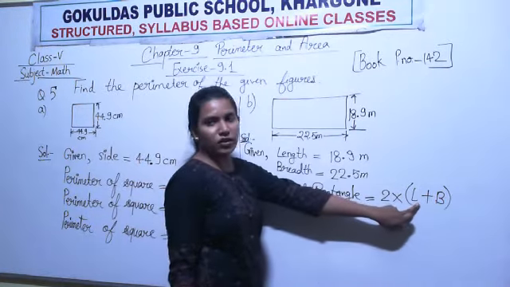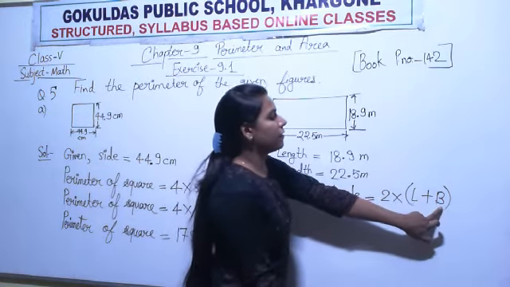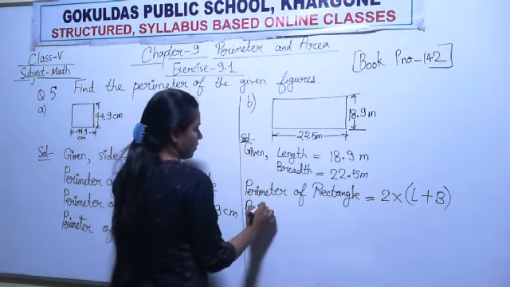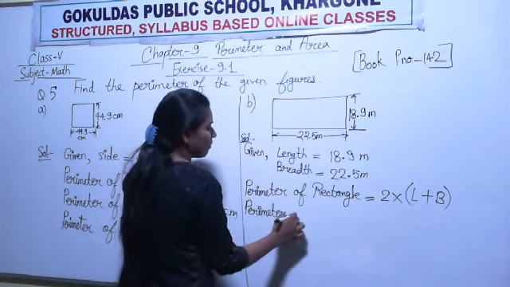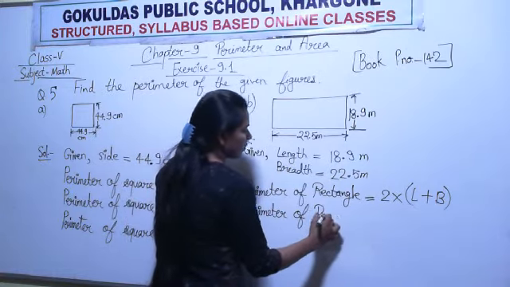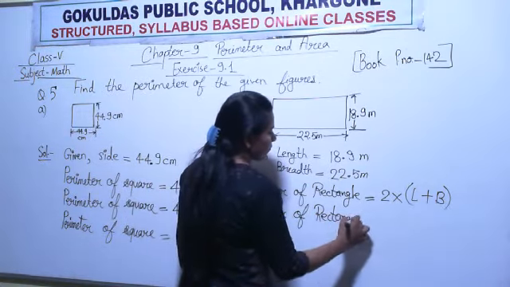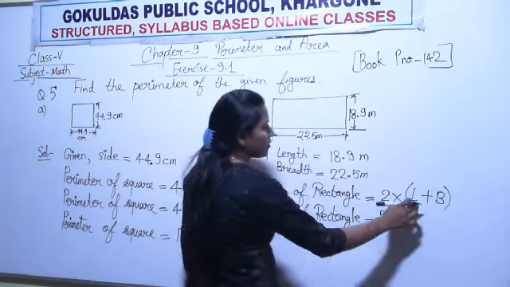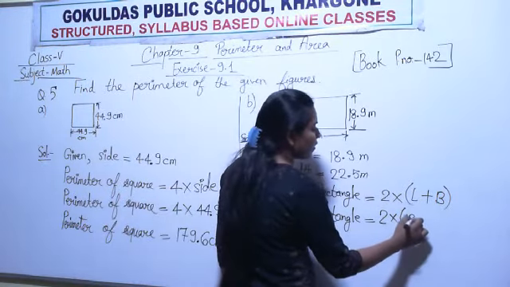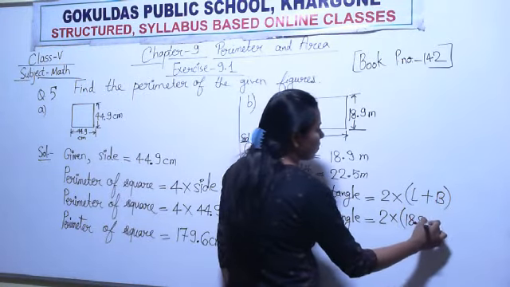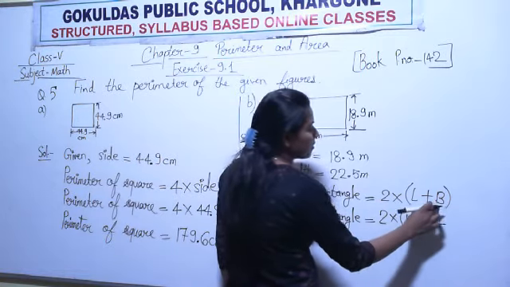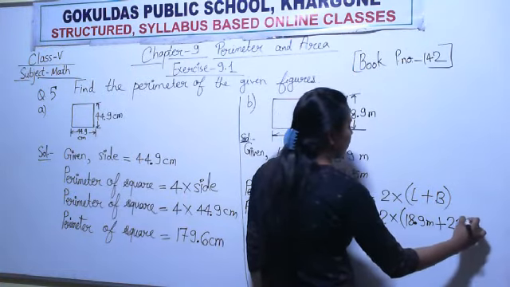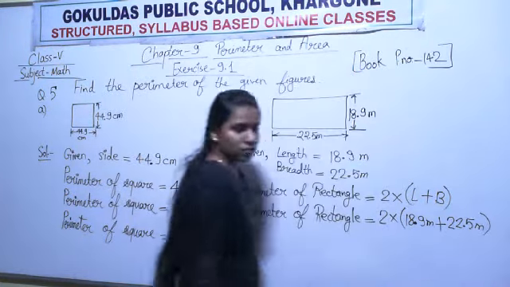In short, I am denoting length by capital L and breadth by capital B. Therefore, in next step, perimeter of rectangle will be equals to 2 multiplied by bracket open. What is the length? 18.9. So write 18.9 meter. Then plus symbol. So write plus. Then breadth. What is the breadth? Value of breadth is 22.5 meter. Bracket close.